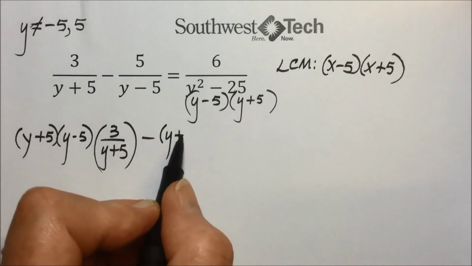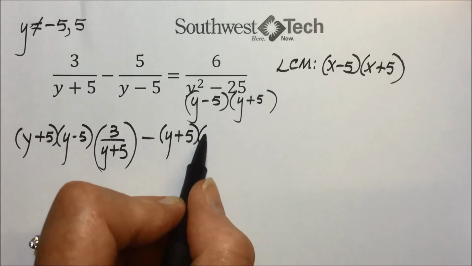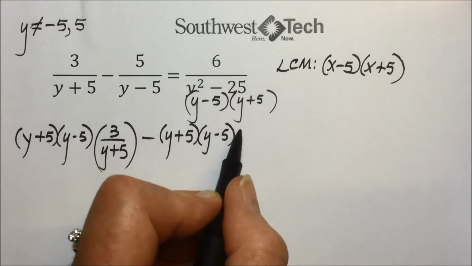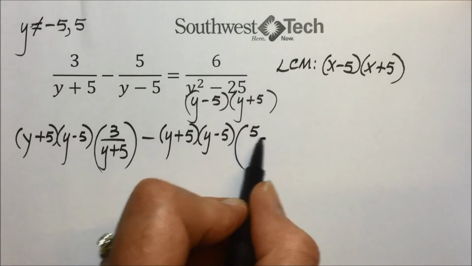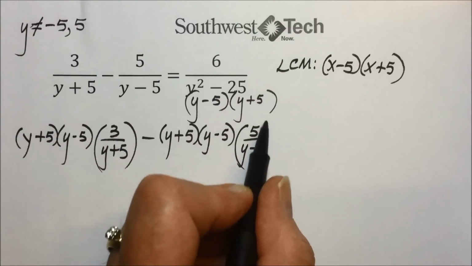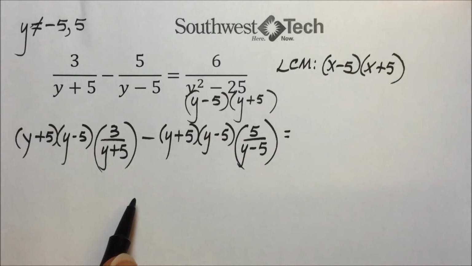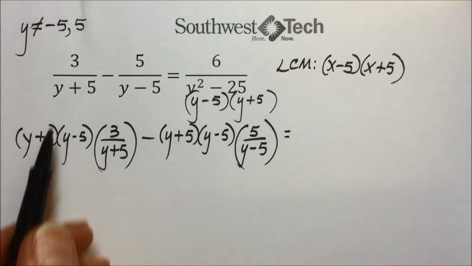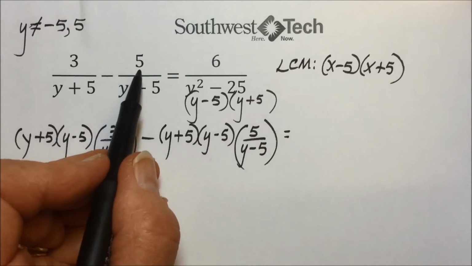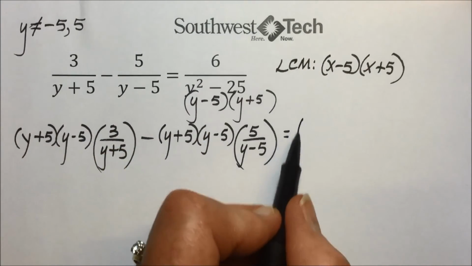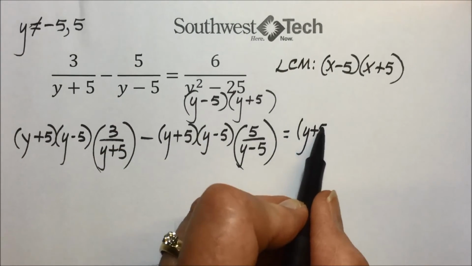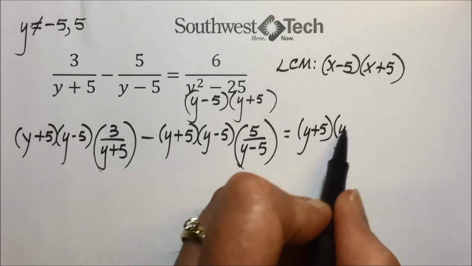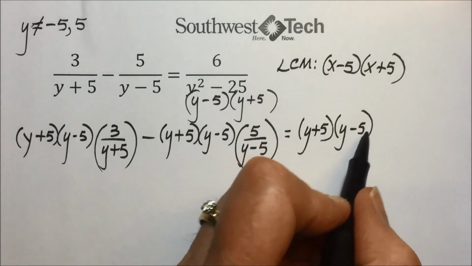Again, maintaining equality, y plus 5 times y minus 5 times the second term, 5 over y minus 5, is equal to, and we do it again to maintain equality. We've multiplied the first two terms. That third term also needs to be multiplied by the same quantity to maintain the equality.